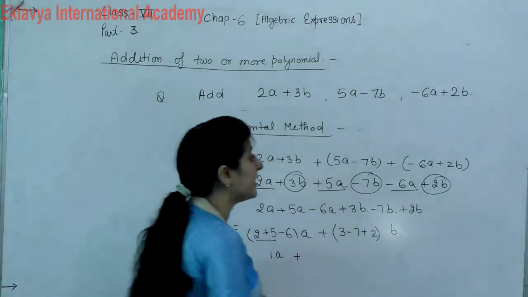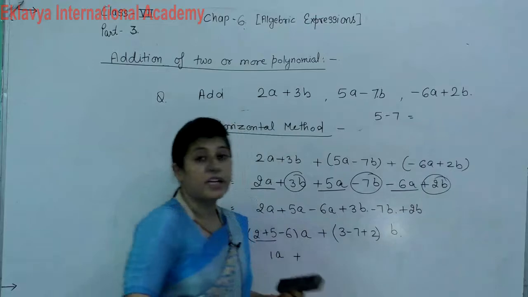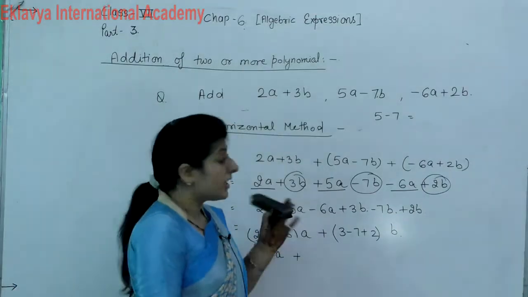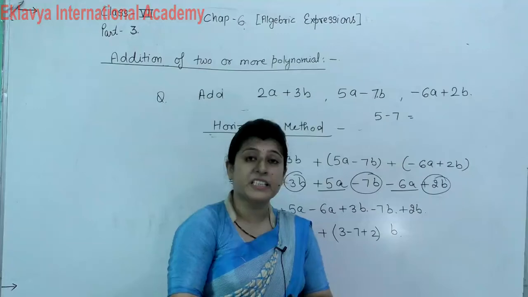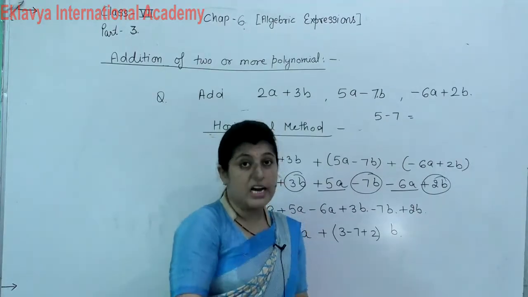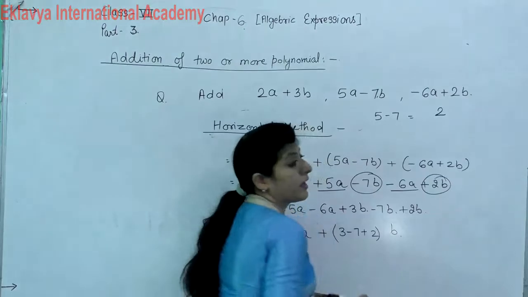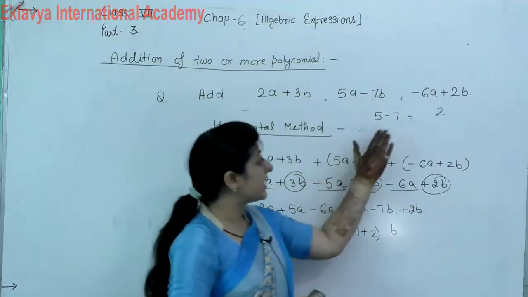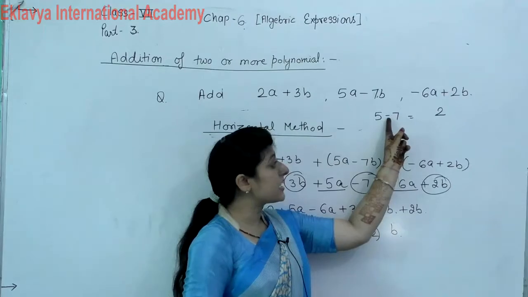5 minus 7. The answer comes with plus and minus, minus. It means we have to do subtraction, and whenever you apply direct subtraction, subtract the smaller value from the larger value, so 7 minus 5 is 2. But the sign we will decide according to which number is greater. 7 has which sign?